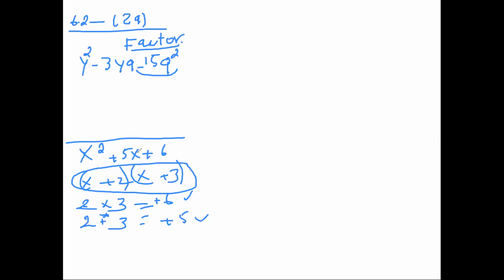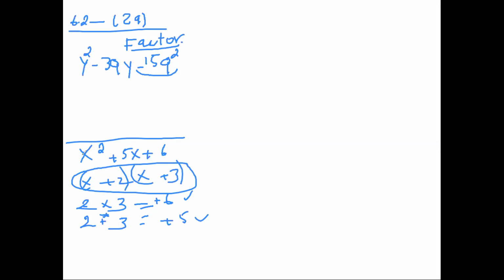So we have x and x, right? In this case, it's y and y. Let me put the y and the q here. So it's going to rearrange so it makes more sense.